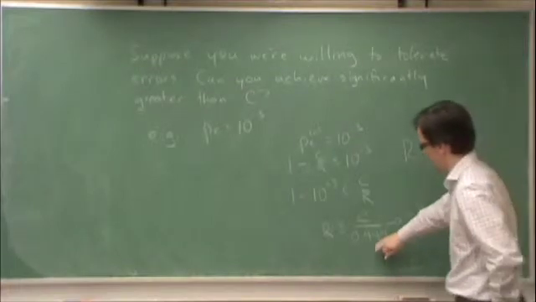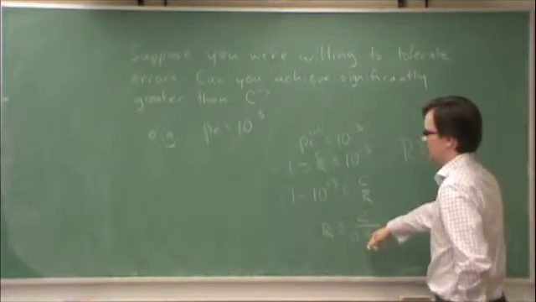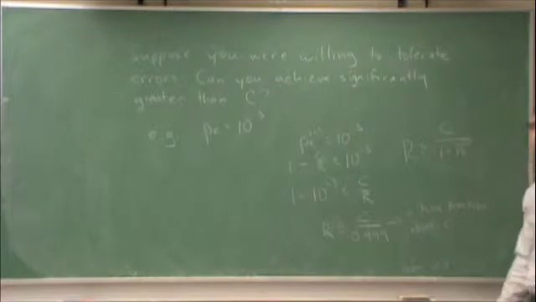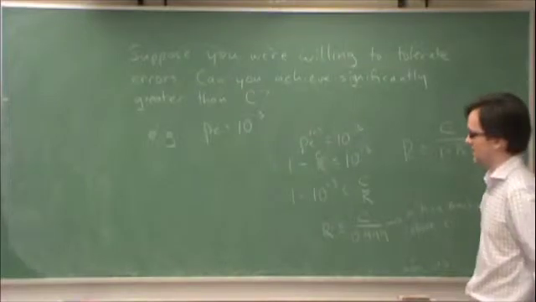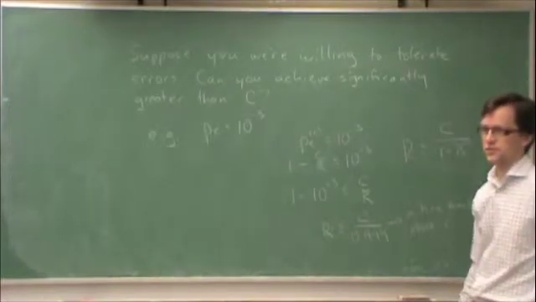This is basically within 0.1% of C. So whether or not you're willing to tolerate errors, there's really no point in transmitting faster than C. It's the ultimate limit as far as digital communication is concerned.